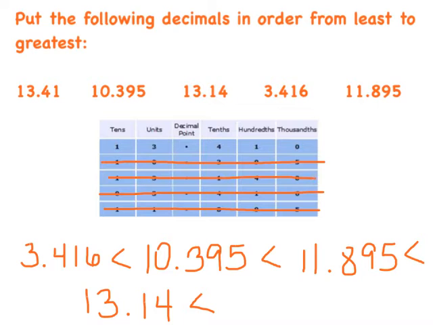And when I mark that out, I'm left with one number, and that would be my greatest number, 13 and 41 hundredths. I'm going to leave off the trailing zero, since it was not written up above, and just say 13 and 41 hundredths would be the greatest.